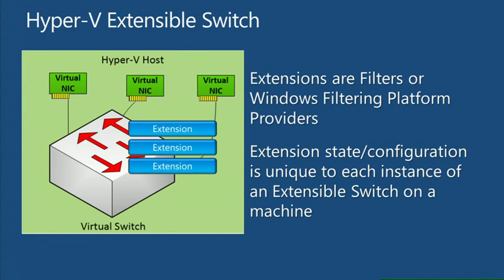The other thing I want to mention here is that each extension can have its own custom configuration properties, and those properties are managed within the framework of the extensible switch and within the framework of VMM in such a way that if you go to do live migration, as I mentioned before, those settings, those configuration values, are migrated with the extension over to the destination target.